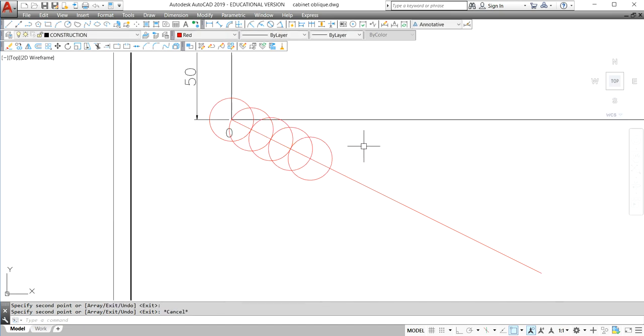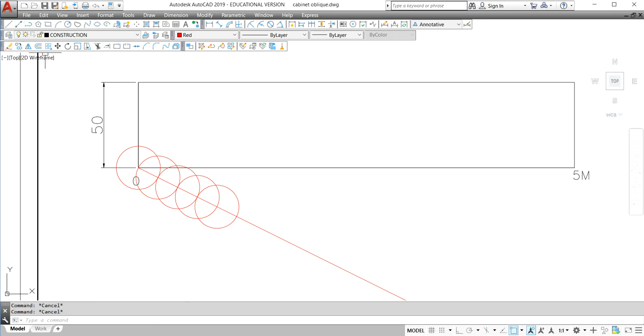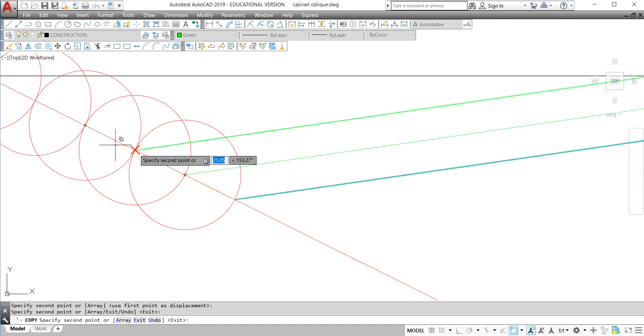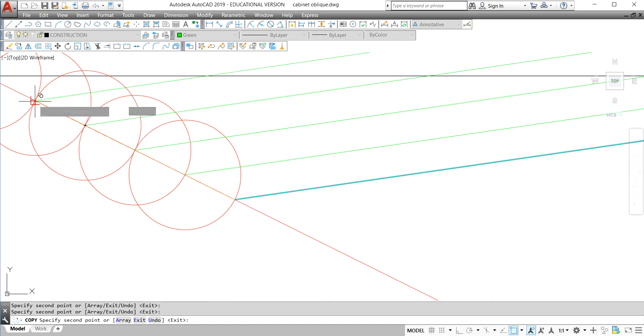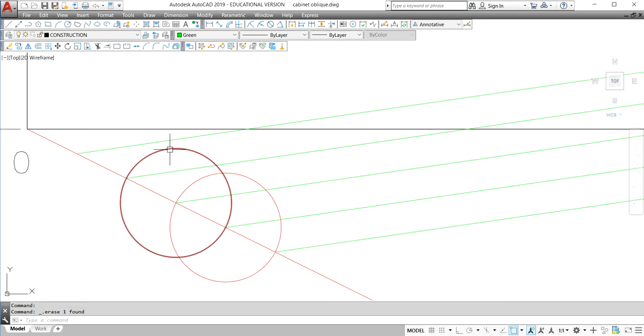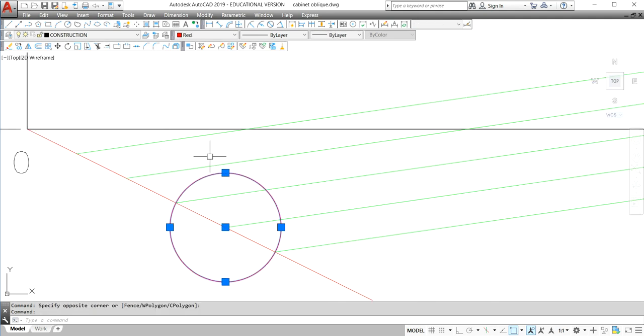In your case, you just do an arc, you don't need to do a circle like I'm doing. Division of a line: the last part, you take it to the 5 meters, and you do parallels. So that is a normal division of a line. I'm going to remove the circles so you can understand better.